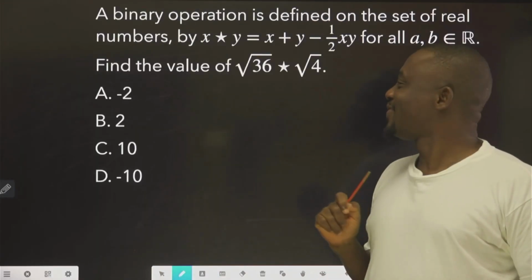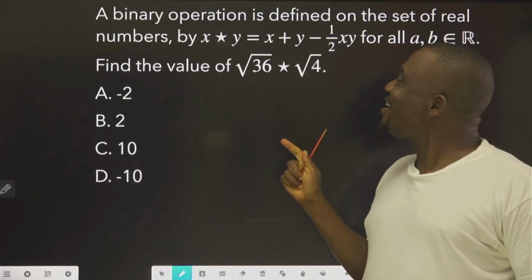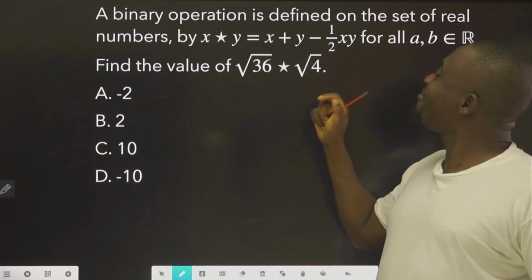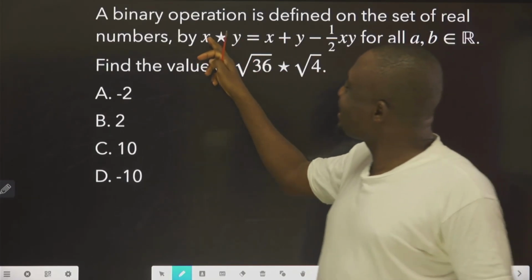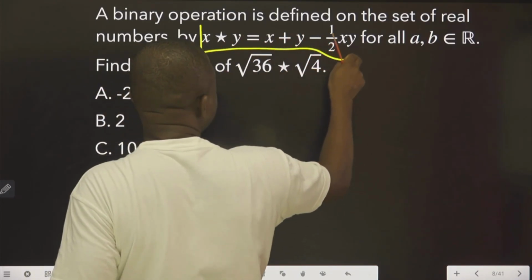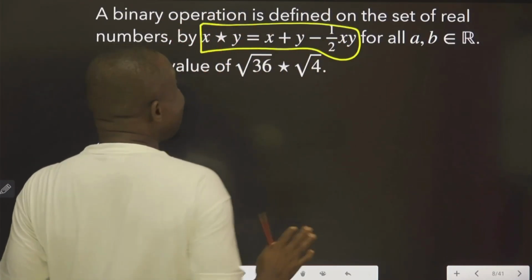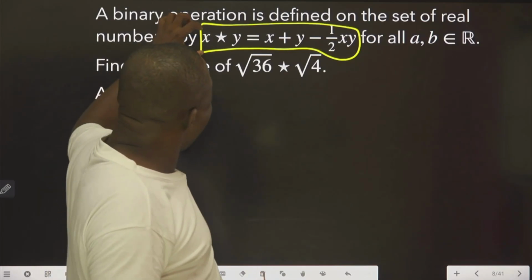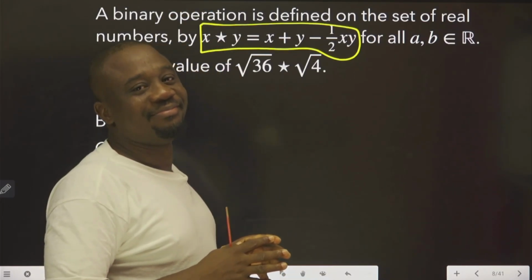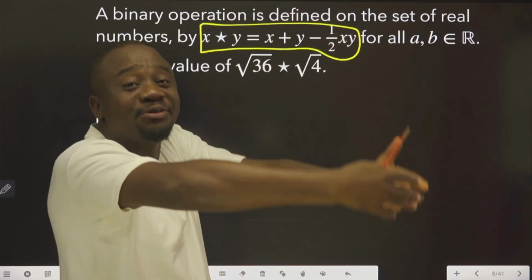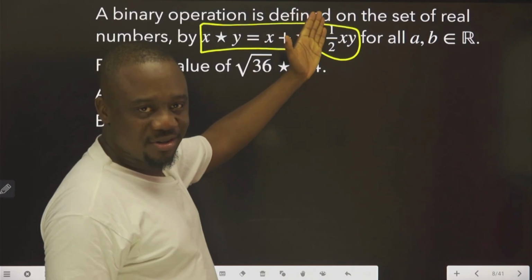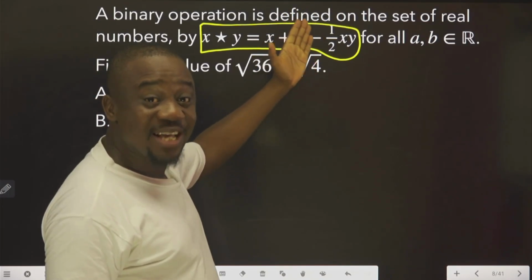Let's look at this question. It says, a binary operation is defined on the set of real numbers. This is the definition. It's like quantitative reasoning. What it's saying is, if X and Y come together as husband and wife, what we get from the other side is X plus Y minus 1 over 2XY.